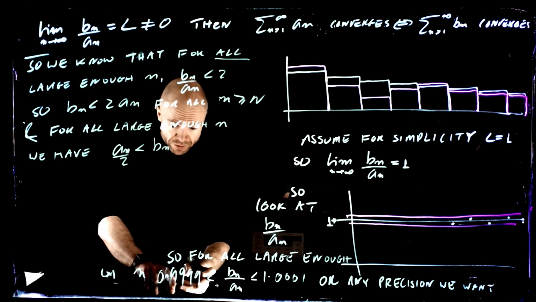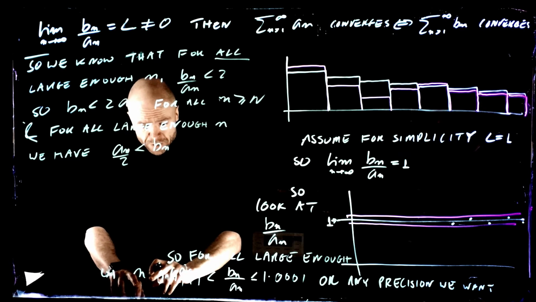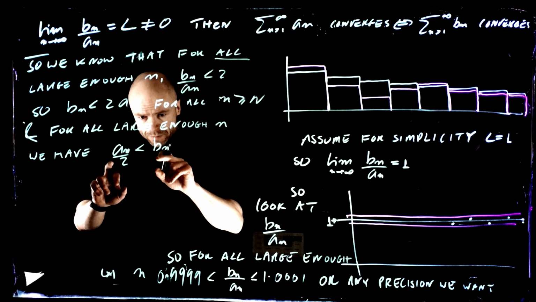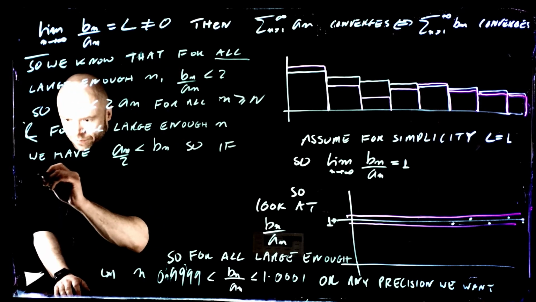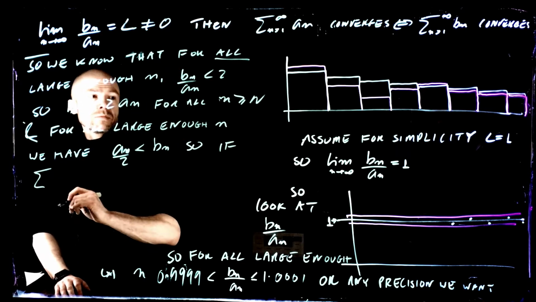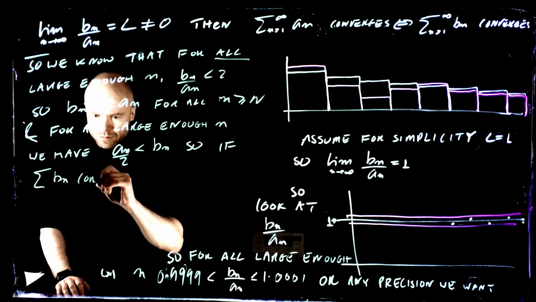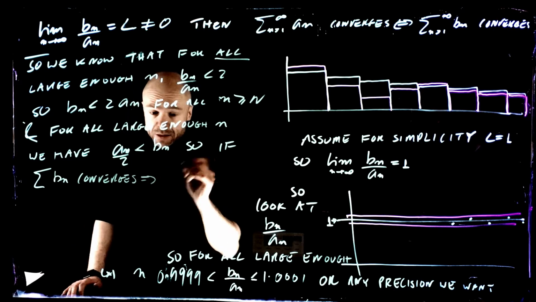So since we have this, then this number for sure is bigger than a half, right? So if we multiply both sides by An, then this inequality is also true. Are you with me? So if Bn converges, this implies An converges.